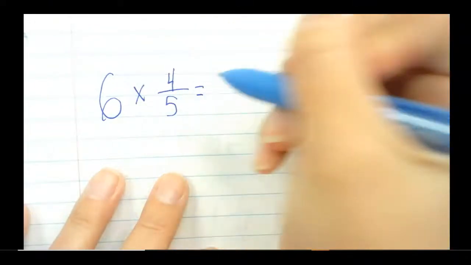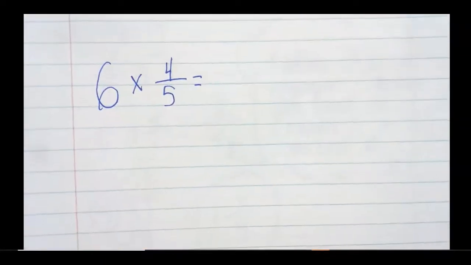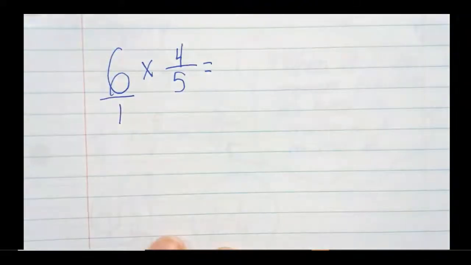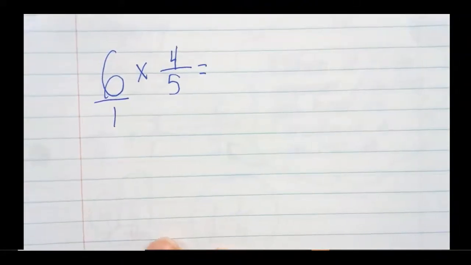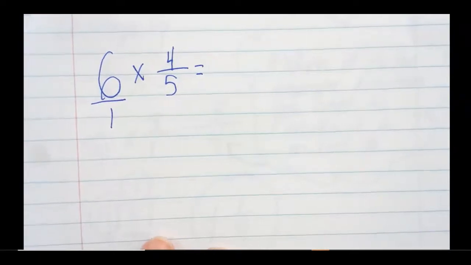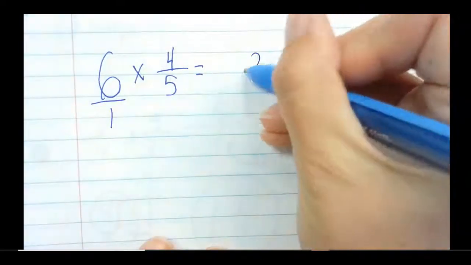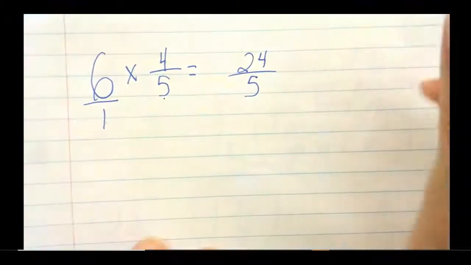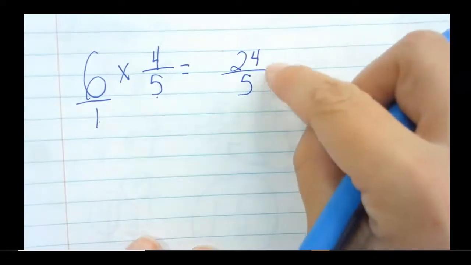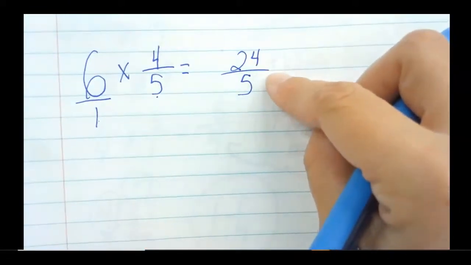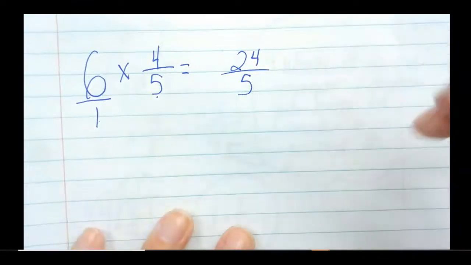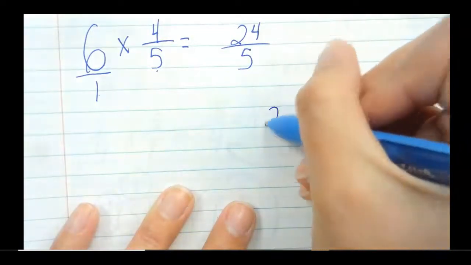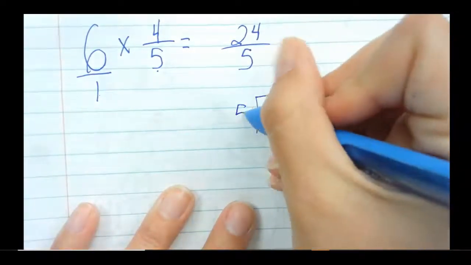6. Okay? So our first step is to do what? Perfect. Now we do what? Perfect, which is 6 times 4, which is? 24. And then 1 times 5 is? Okay. We have an improper fraction. We need to make it a proper fraction or a mixed number. Okay. We're going to do that by doing, remember, 24 divided by 5.